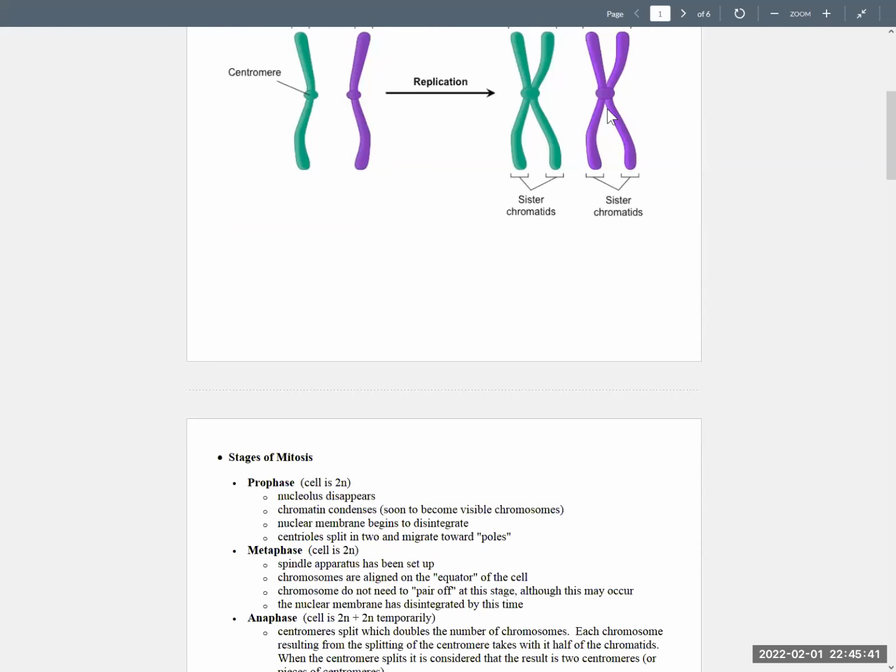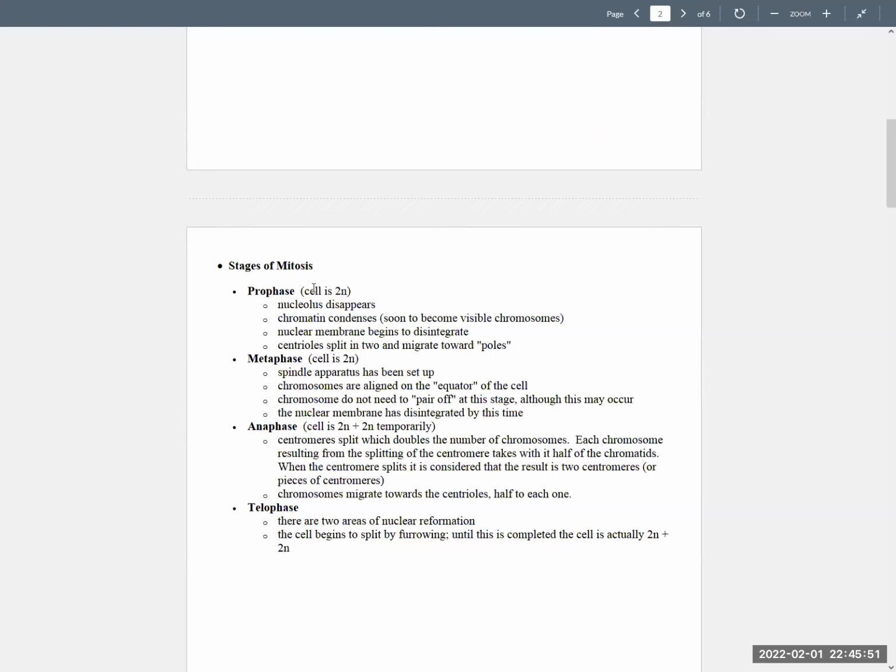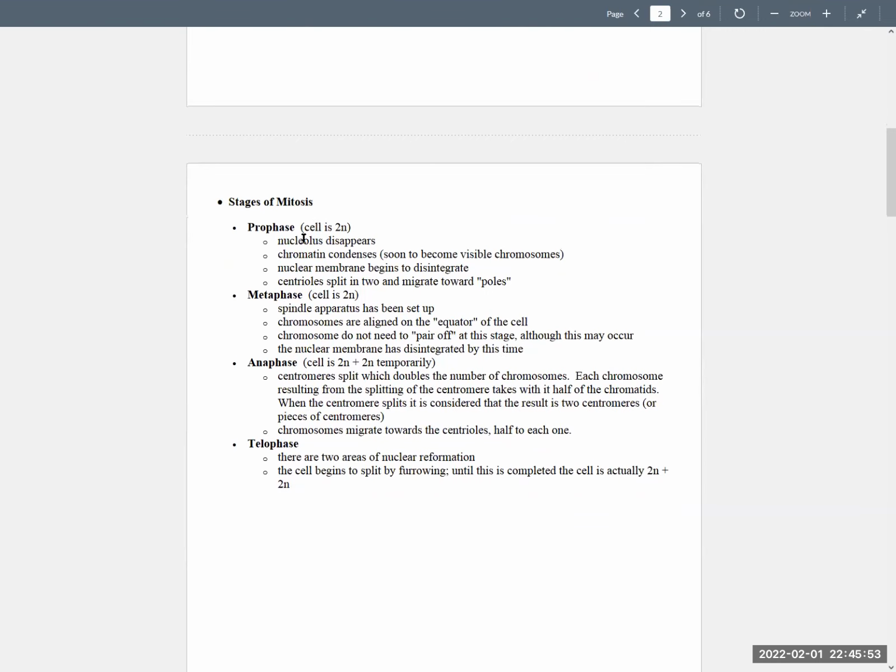You still have 46 chromosomes, but they are double as far as the amount of DNA is concerned. During the first stage of mitosis, the nucleolus that we saw the last lecture disappears. It was the dark spot. I have the drawings for you, so hang in there.